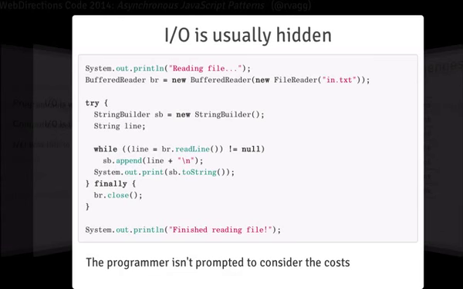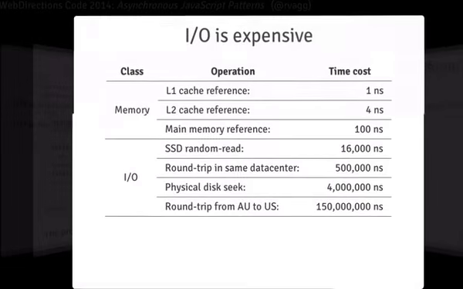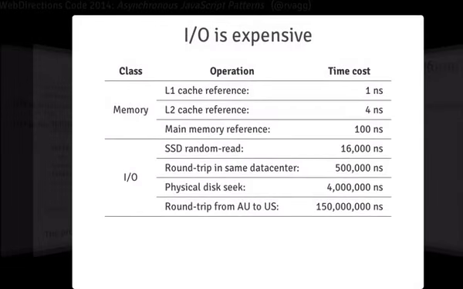Each time we hit one of those, we're having to wait for something else external to our CPU to happen. But when we're a programmer, we don't have to think about that because our languages give us the ability to ignore that as a separate concern. And I think this is a problem, because I/O is expensive.